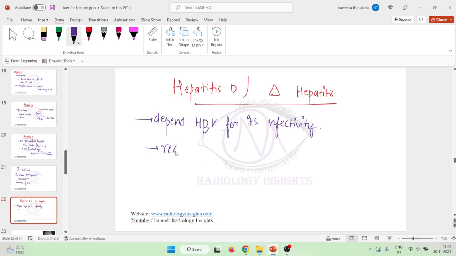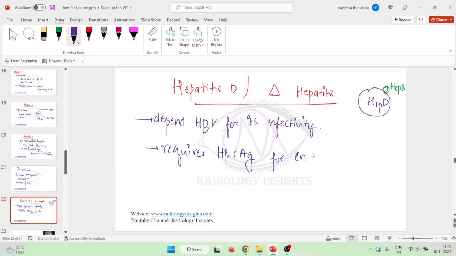This hepatitis D also requires HBsAg. Why? For its envelope coat. So hepatitis D requires hepatitis B around it in order to cause infection.